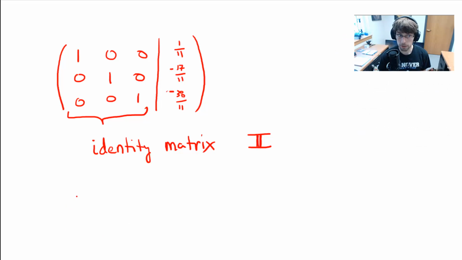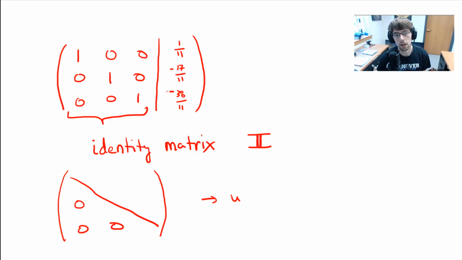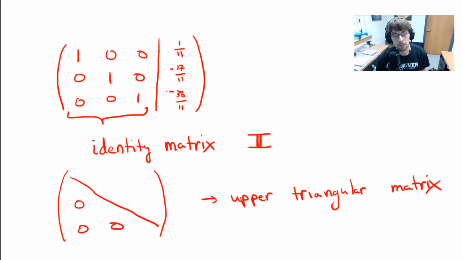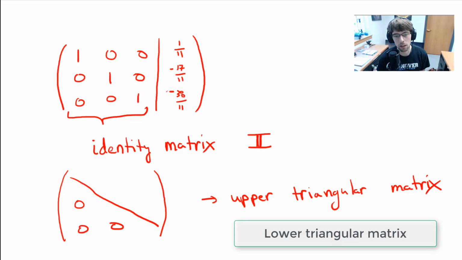For completeness, if you have some matrix where you have zeros below the diagonal, this is called an upper triangular matrix. And if you have the same thing, but the zeros are above the diagonal, you guessed it, it's called a lower triangular matrix.